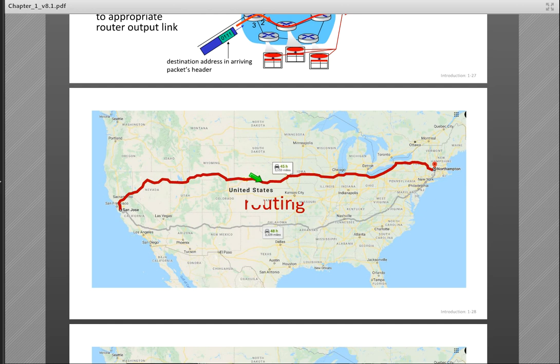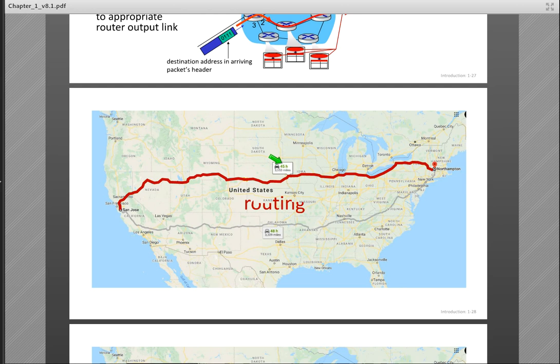You can see here, there is a route in red and another route in black. There are several routes, but which of them is better? I don't know.